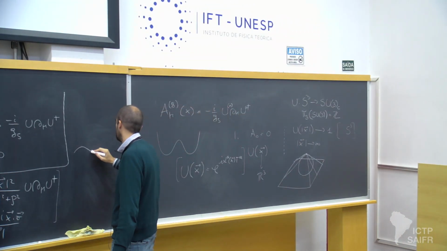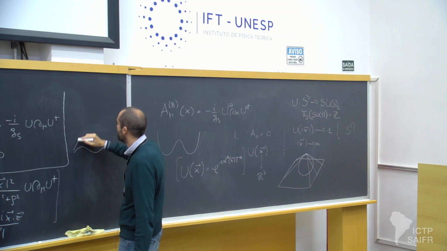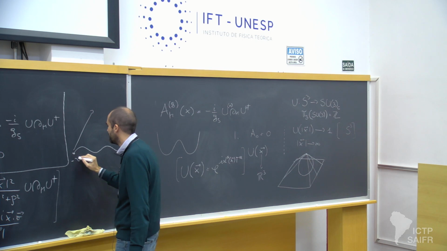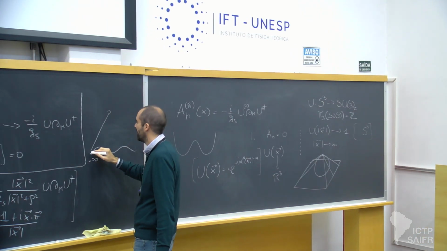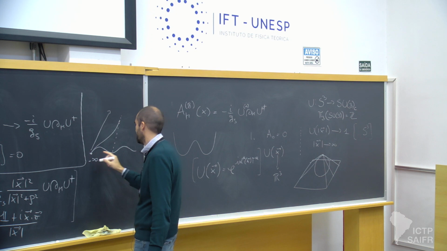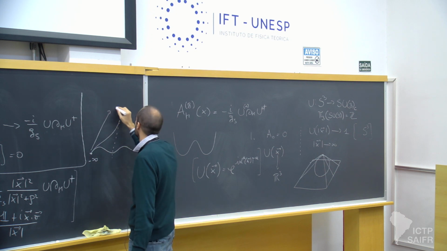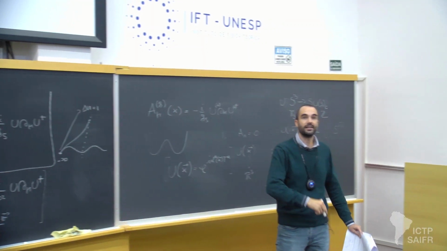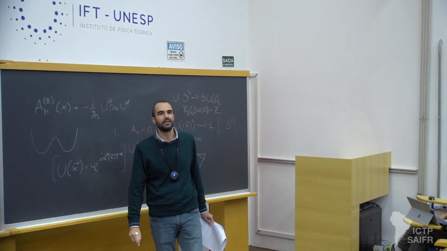So let's say if this is time, at time minus infinity this instanton is in some vacuum, and at time plus infinity it is going to end up in this other vacuum, where the delta n between the two vacua is equal to 1. Okay, so this is very similar to a tunneling solution in quantum mechanics.